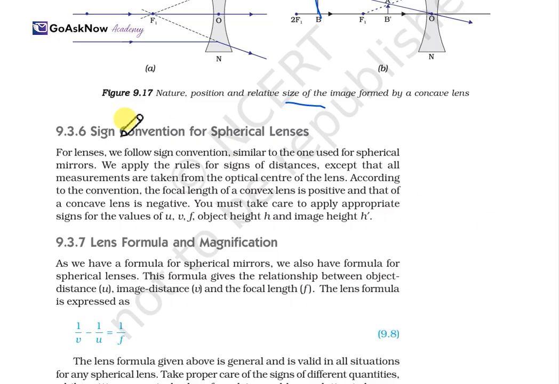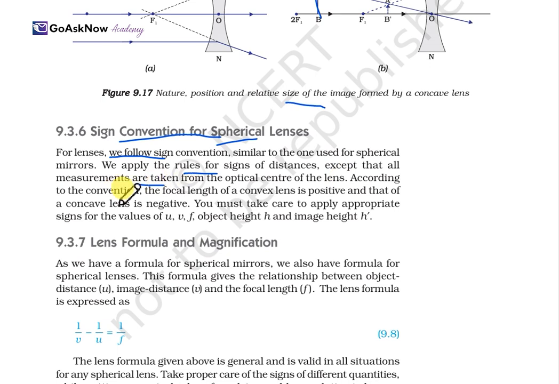Now the sign convention for spherical lenses. We started it for the mirror as well, but now we'll study the sign convention for spherical lenses. For lenses, we follow a sign convention similar to that of spherical mirrors. We apply the rules for the sign of distances, except all measurements are taken from the optical center of the lens.